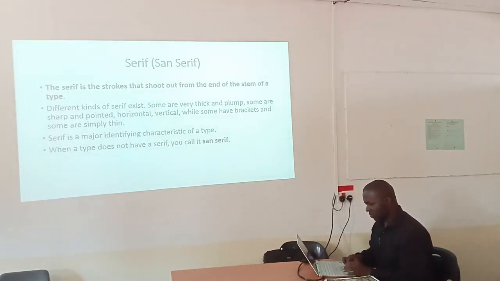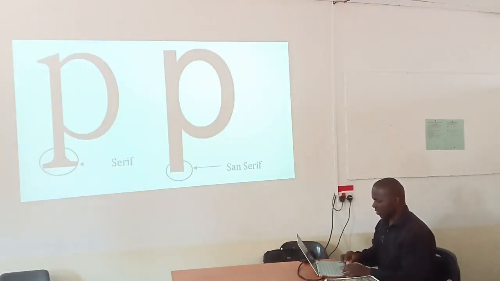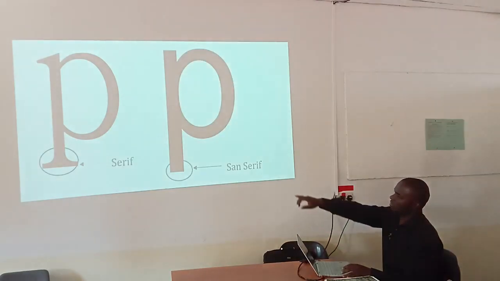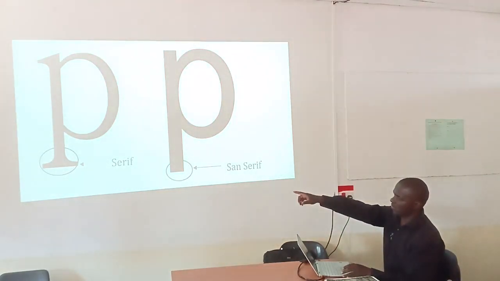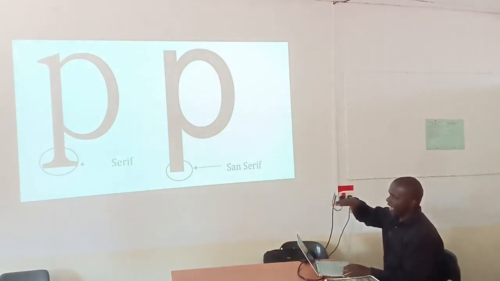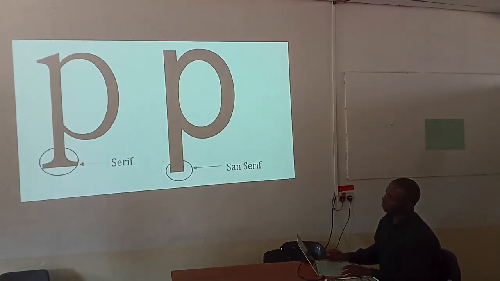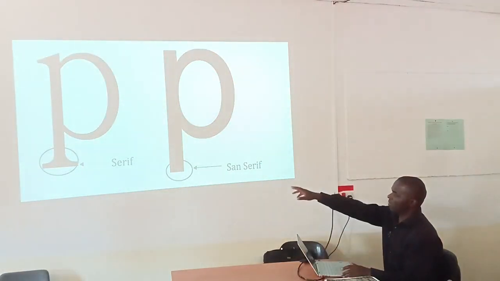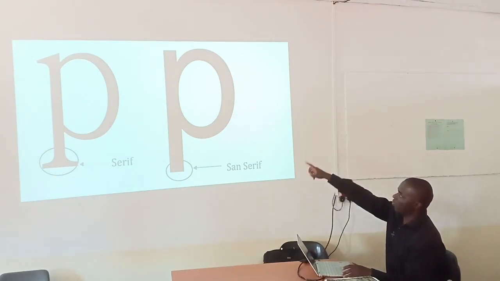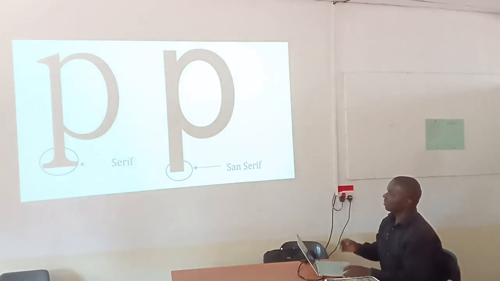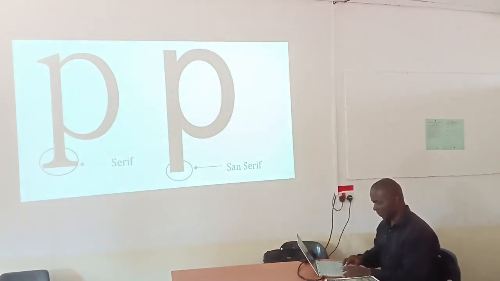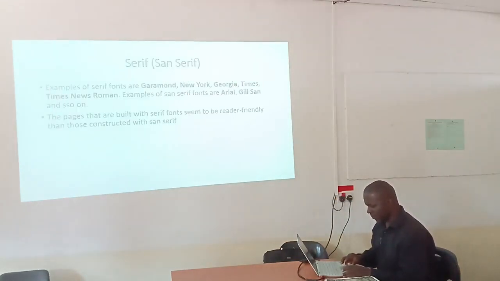Let me just say, the serifs are those lines that seem to break from the stem. That's a serif. Without that, that's a sans serif. So if you have characters like this without the serif on the top part, they all fall under sans serifs. These are just some examples of the sans serifs.